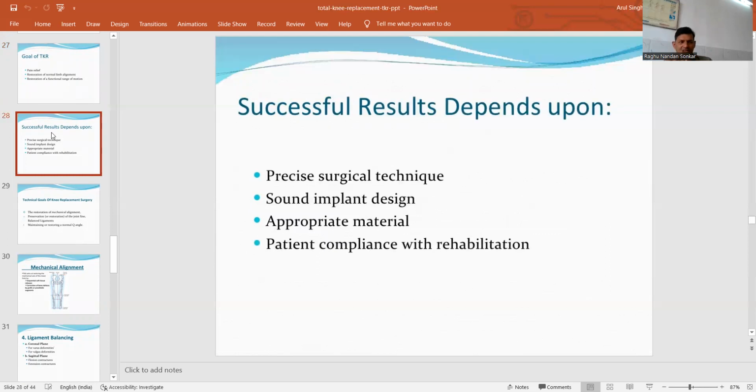Successful results depend upon precise surgical technique, sound implant design, appropriate material, and patient compliance with rehabilitation.